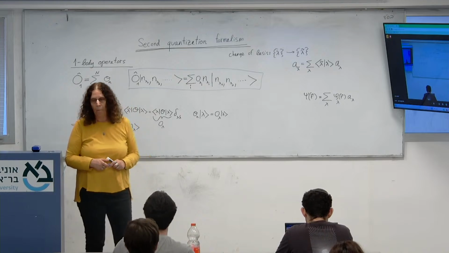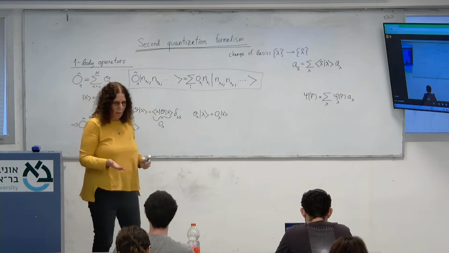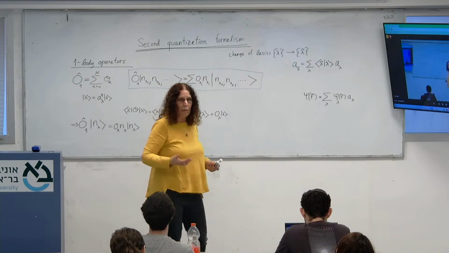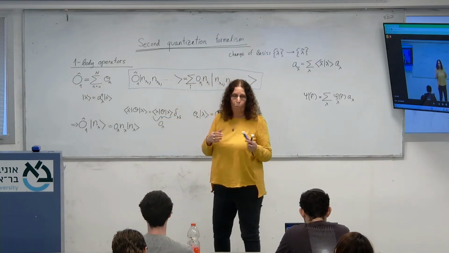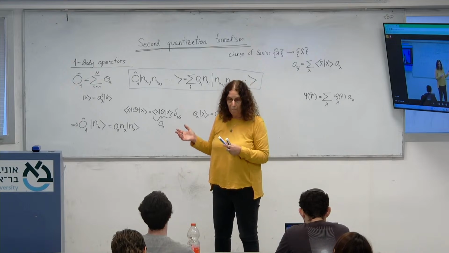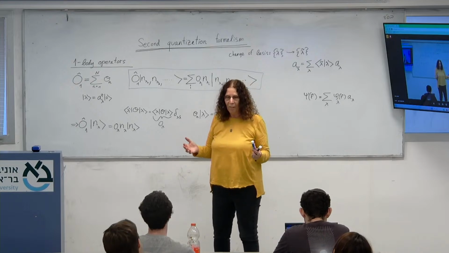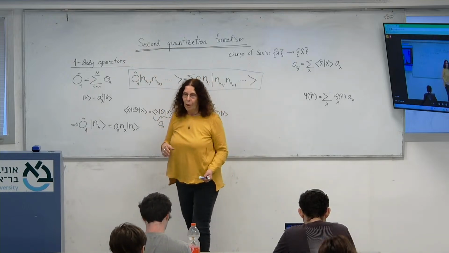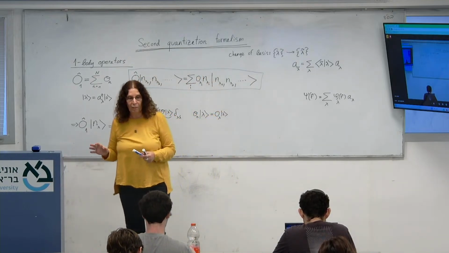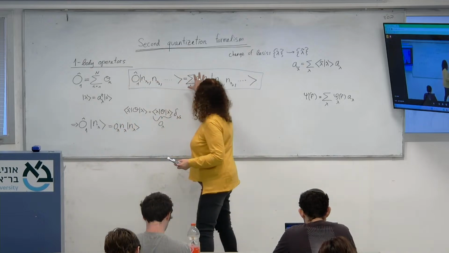But now you know what you get if you have a state that is not a Fock state, but a superposition of Fock states. Since it's a linear operator, it will give you the result for each component. You know exactly what it will give.